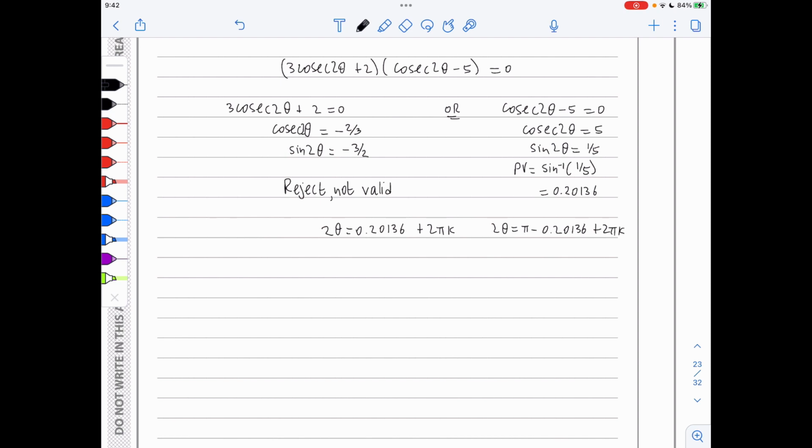I will divide everything by 2, leading to θ being 0.10068 plus πk and θ is 1.47012 plus πk, and therefore we've got solutions for θ of 0.101 and 1.47 correct to three significant figures.